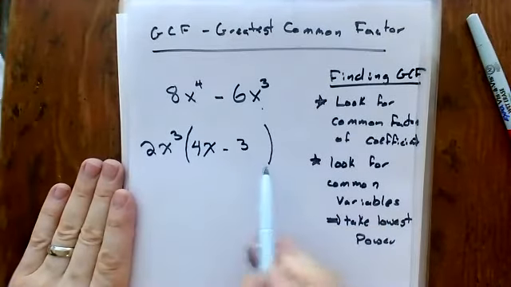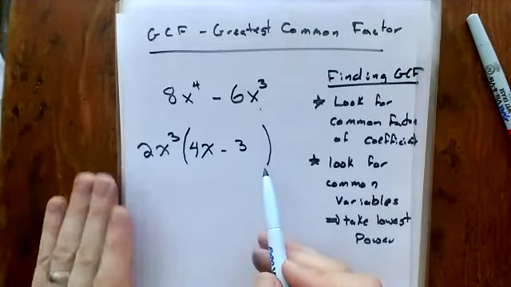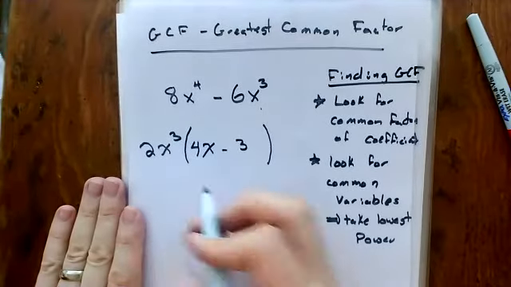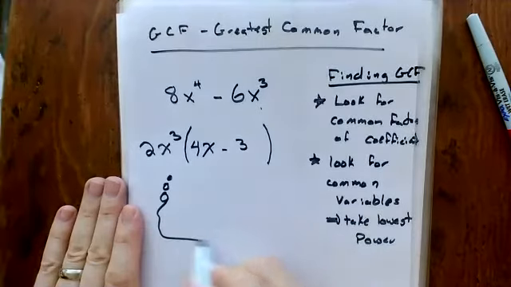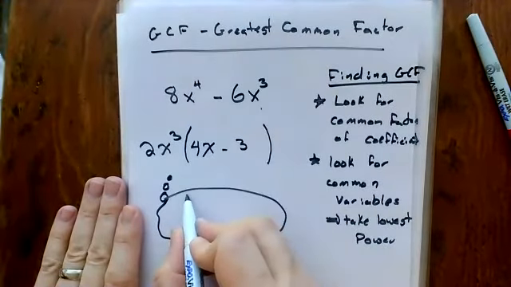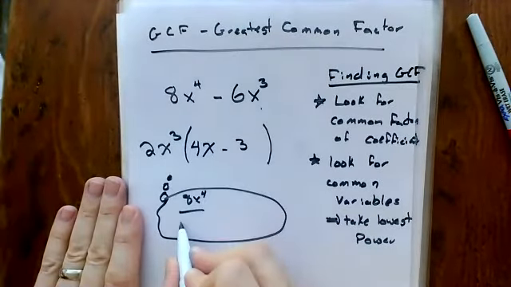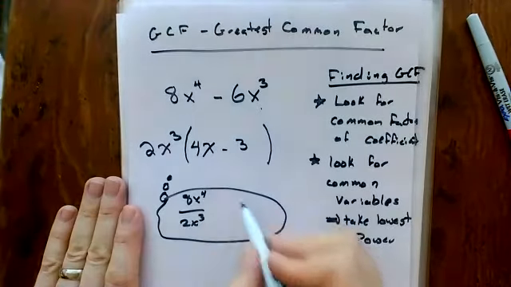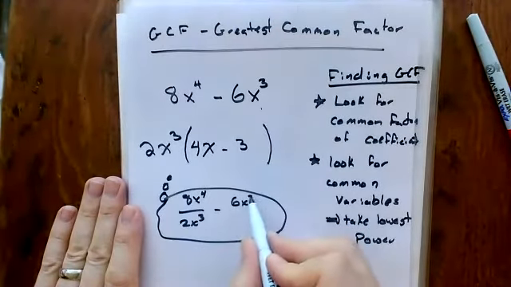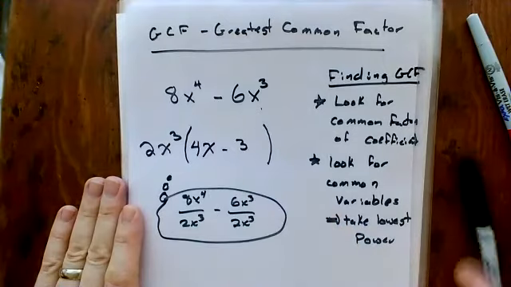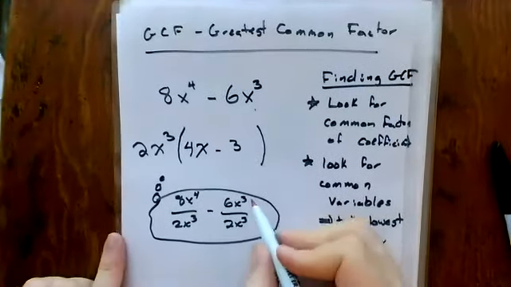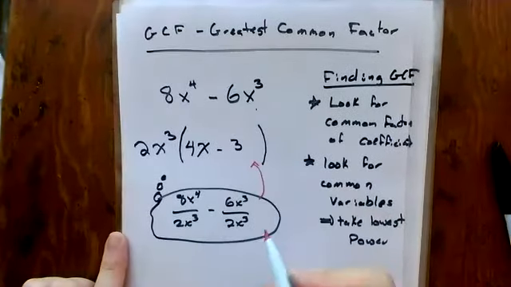Now, what I usually tell folks to do, this is literally what we're doing. We're saying, okay, this is 8x to the fourth over 2x cubed minus 6x cubed over 2x cubed, and that is what is going to be inside this set of parentheses.